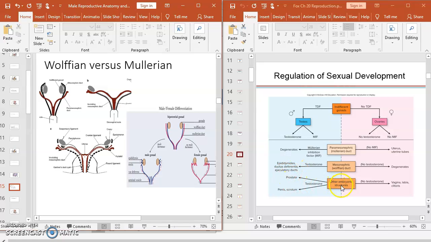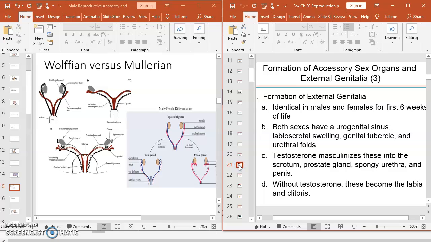And then the interstitial cells of Leydig come in and produce testosterone to get your prostate, the penis, and so forth. So you can see everything is hormonally induced. Okay. So we're now at the production of the external genitalia, which we'll talk about in just a second.